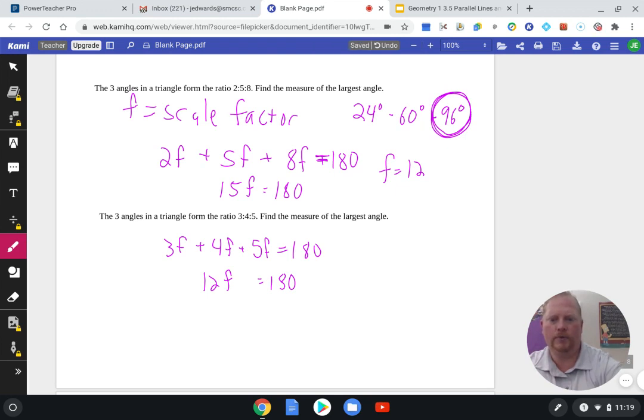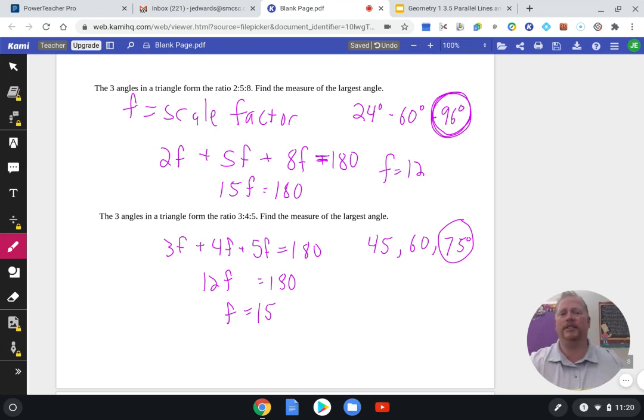Divide both sides by 12, and I get that the scale factor is 15. Go back to that ratio, multiply each of those by the scale factor. So 3 times 15 is 45. 4 times 15 is 60. And 5 times 15 is 75. So the largest angle is 75 degrees.